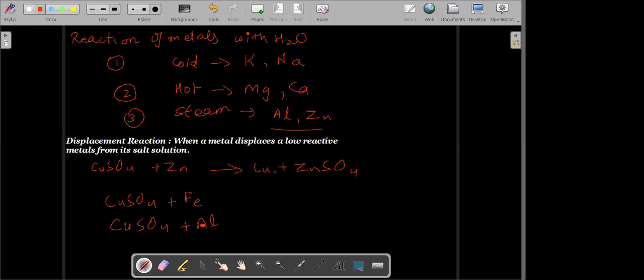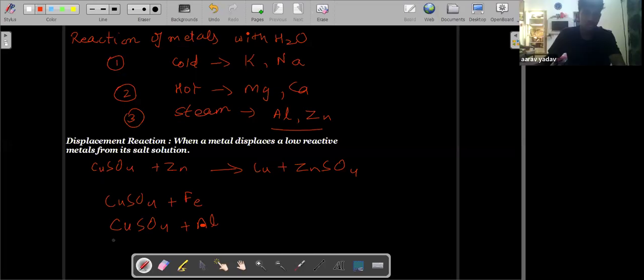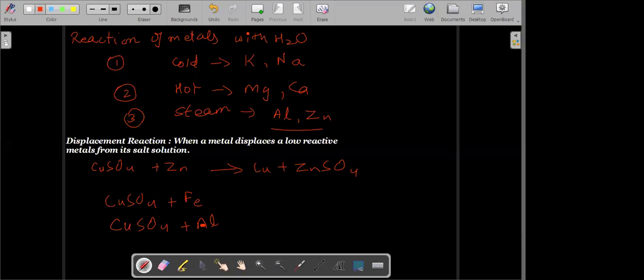Okay, what is the color change that we observe here? Arav, what is the color of copper sulfate? Sir, is it greenish blue?